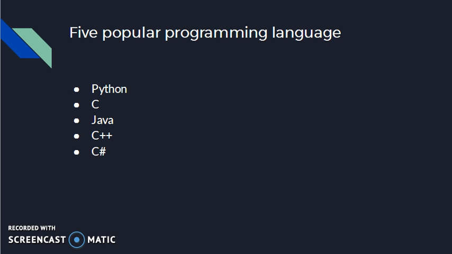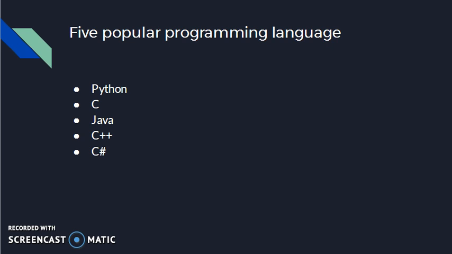Second one is C language. It is one of the most widely used languages. Many languages are based on C. Third one is Java. It is because this language is object-oriented, which means you can create modular and reusable code.